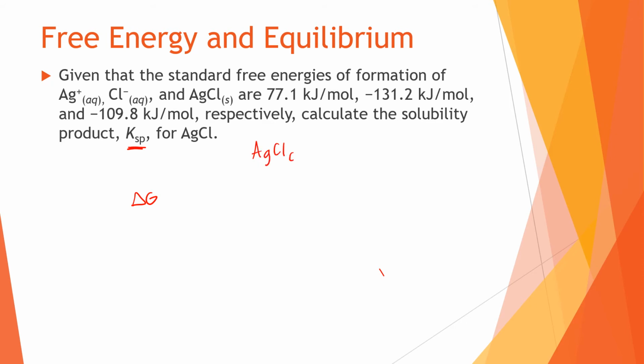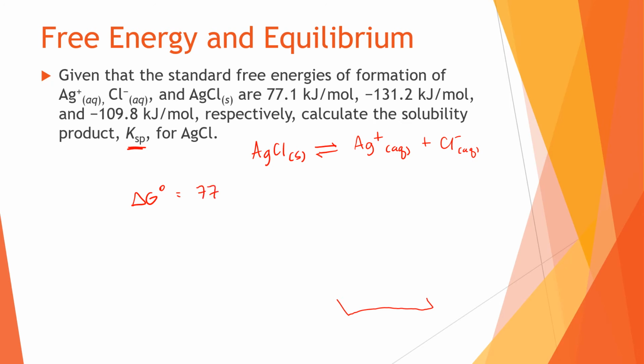So my reaction is solid AgCl dissolving into aqueous silver and aqueous chlorine. So to find delta G for the reaction, given the standard values, we do products minus reactants.